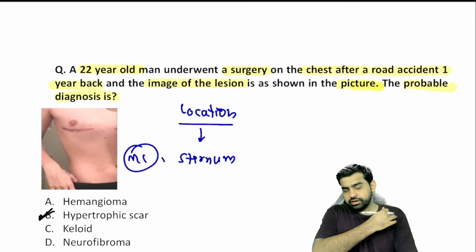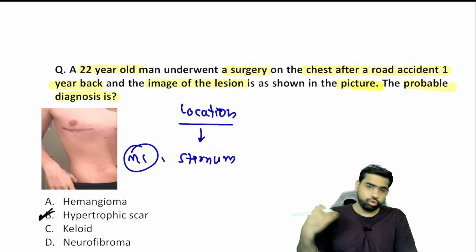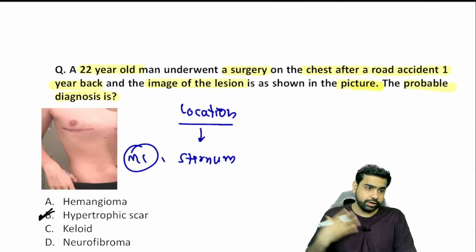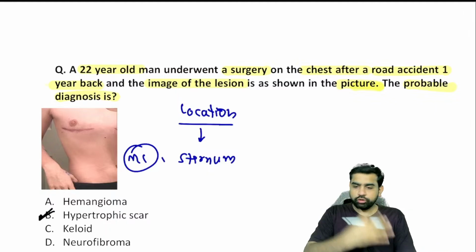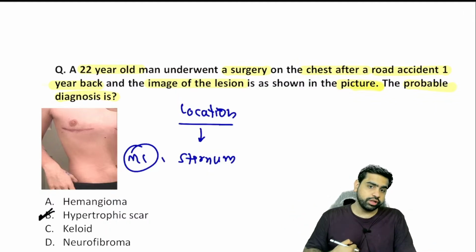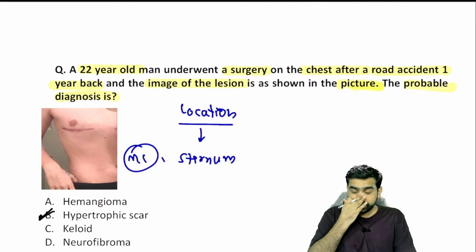Once you join the two shoulders and the xiphisternum together, the area between this is most likely to suffer from hypertrophic scar and keloid. This is the area where the abnormalities of scar formation will be maximum.